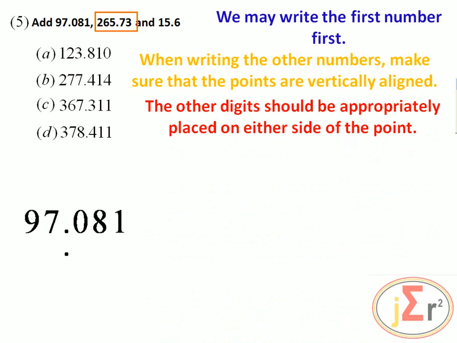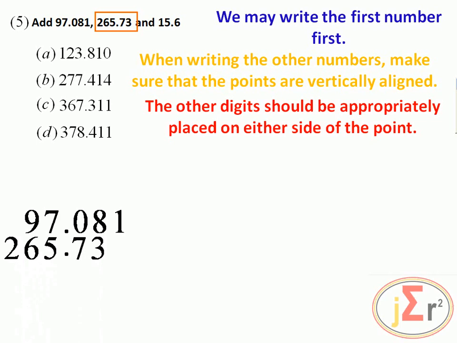So we have 265.73. 265 will be placed on the left-hand side of the point with the digits vertically aligned, and the 73 will be placed on the right side of the decimal point, vertically aligned with those that we have there before.